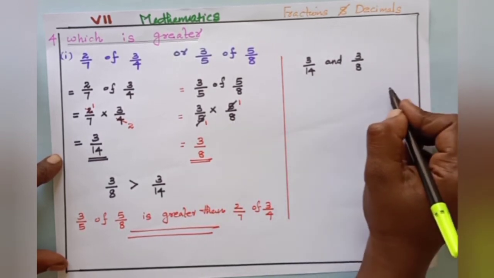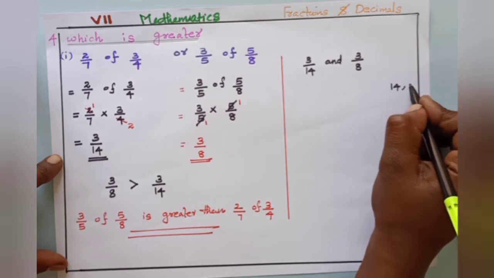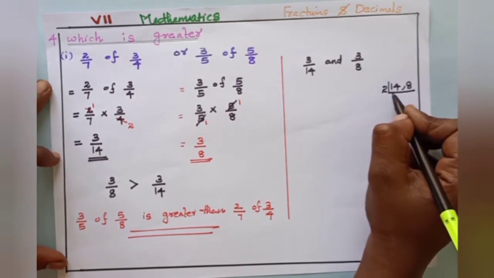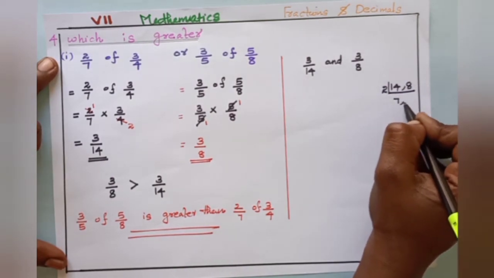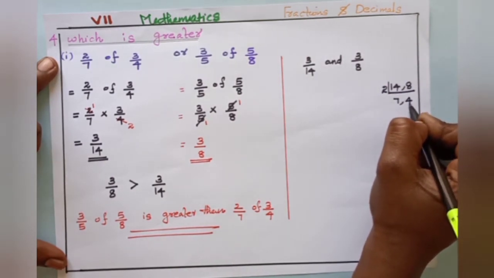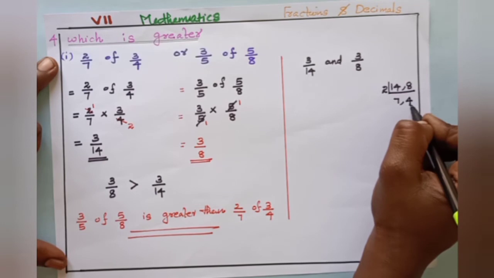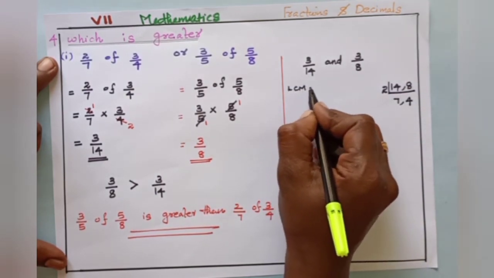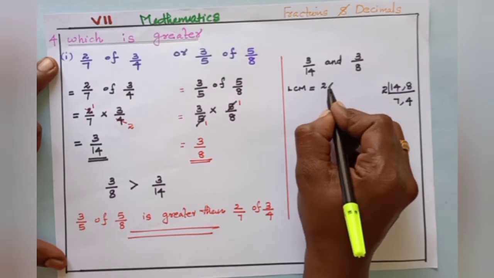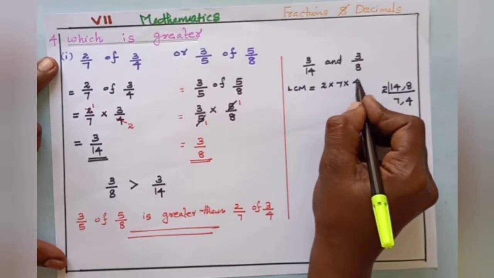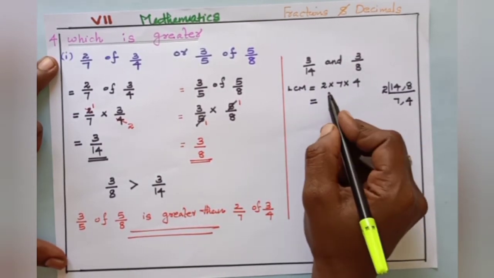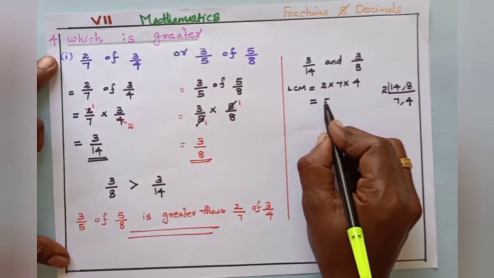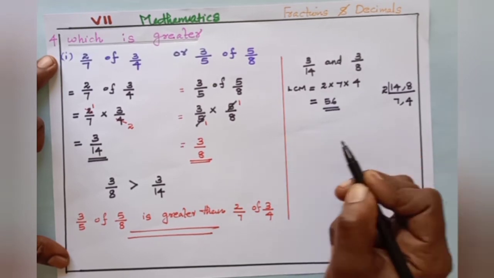So for 14 and 8, find the LCM. 14 is 2 times 7, 8 is 2 times 4. Then 7 and 4 have no common factors. So the LCM is 2 into 7 into 4, that is 2 into 7, 14 into 4, 56.